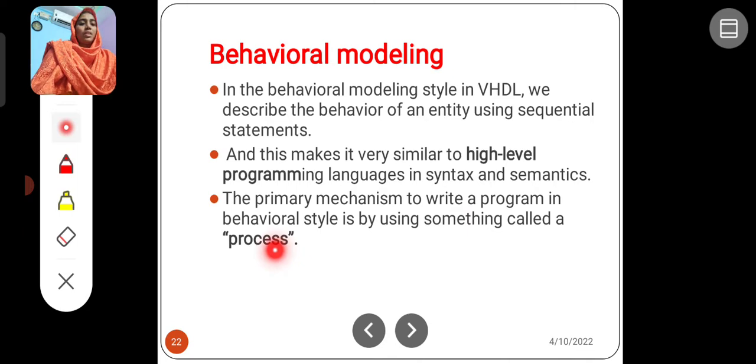Without a process statement there is no behavioral modeling, so we have to use a process statement in the behavioral model, which describes the behavior of an entity using sequential statements.